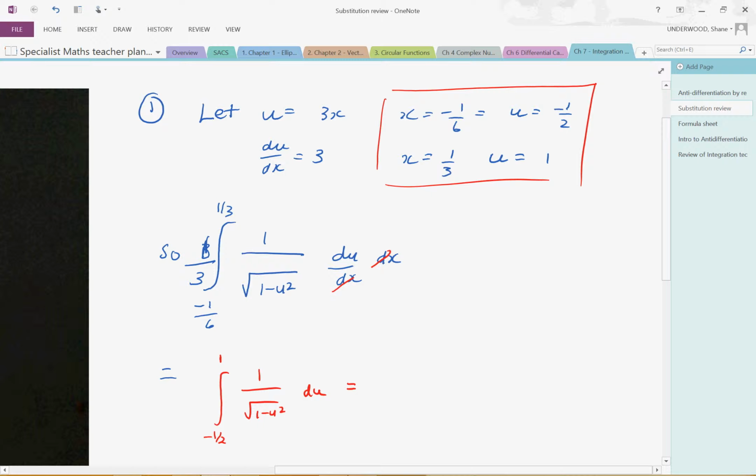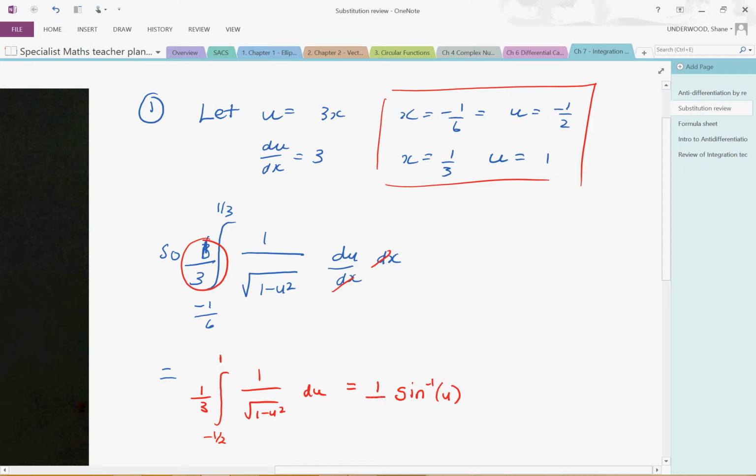So then if I do that, well, I guess, yeah, you're right. Straight off the formula sheet would give you inverse sine of u times, where's this a third gone? That's just disappeared, hasn't it?